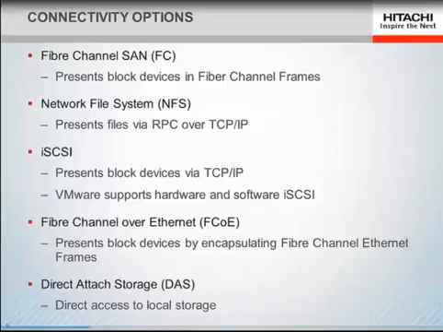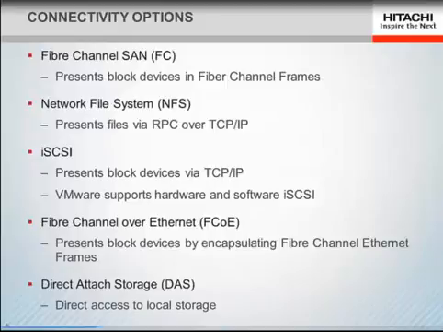It tends to be a little more costly because we need a whole separate infrastructure for fiber channel. We can't utilize our TCP/IP network, but it also gives our best absolute guarantee of performance. Also our best absolute guarantee of connectivity.